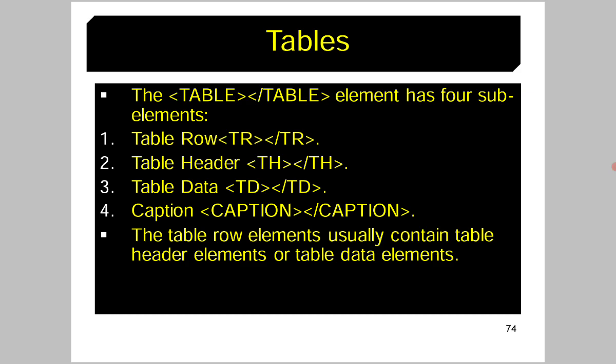So every table has a table heading, table columns, table rows and table cells. In the table cells we may display some table contents or data or information.